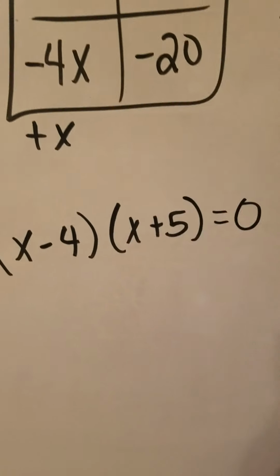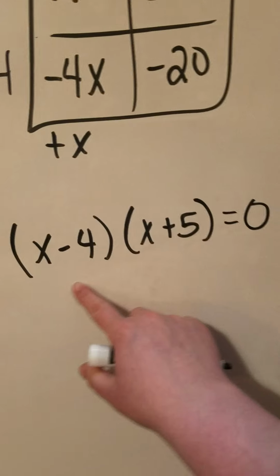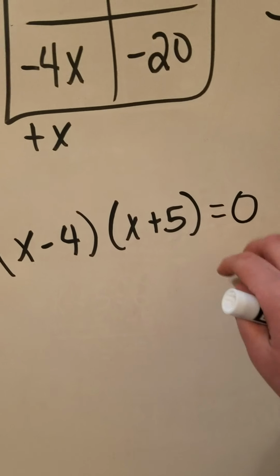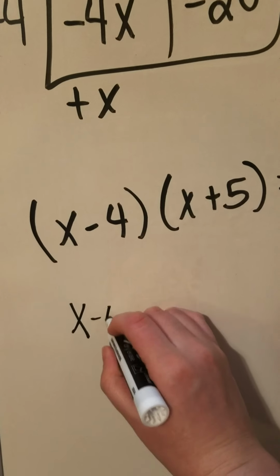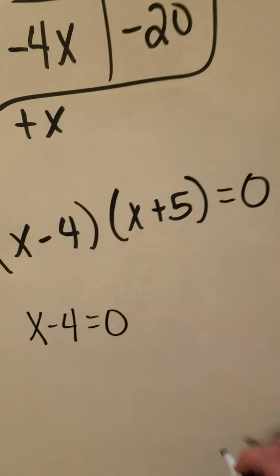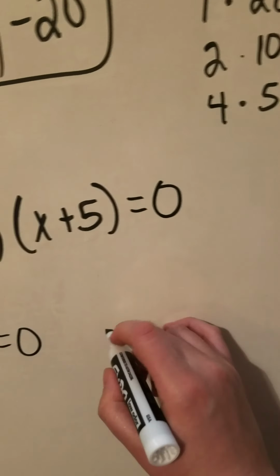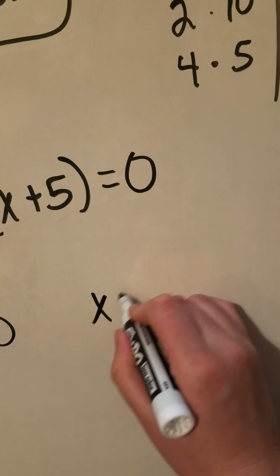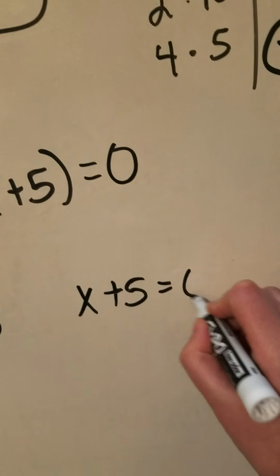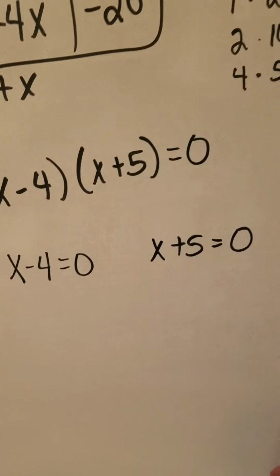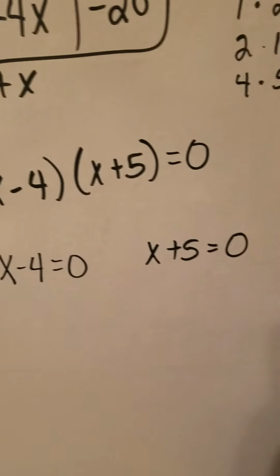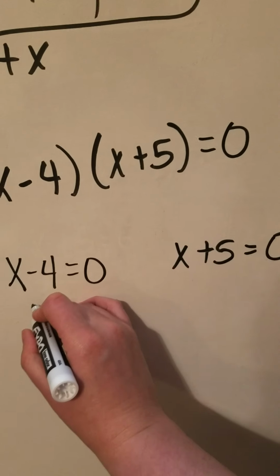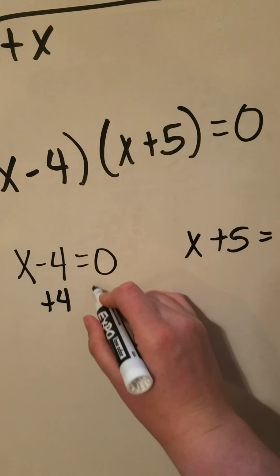The way that works is, since we're saying this whole thing is equal to 0, we can take this part here, x minus 4, and set it equal to 0. And then we can do the same thing with the other side: x plus 5, set it equal to 0. Then the last step to find what the x-intercepts are is to solve each one of these for x.